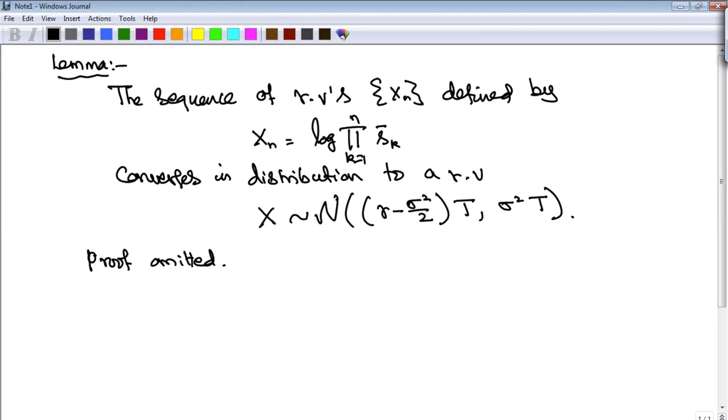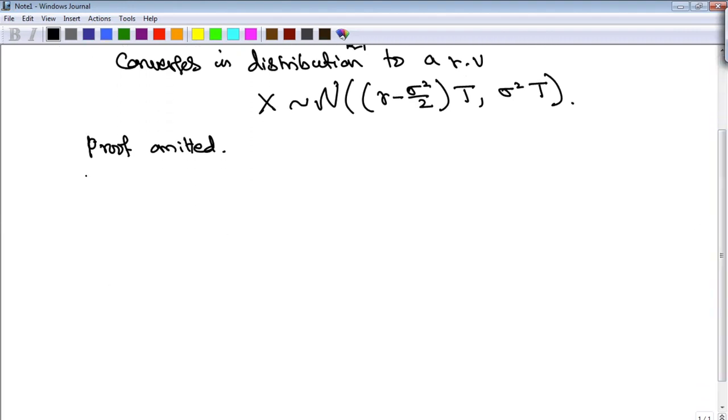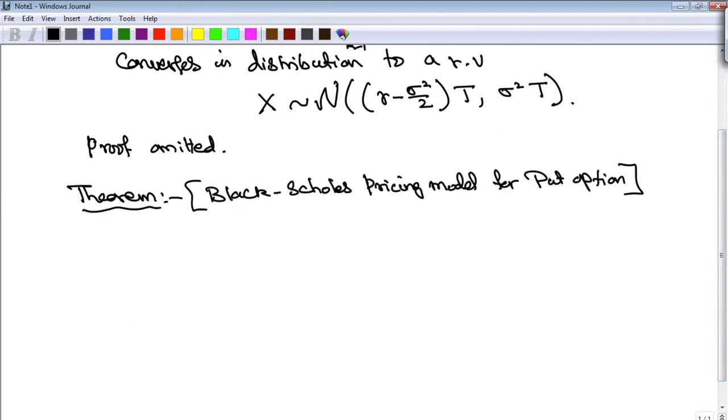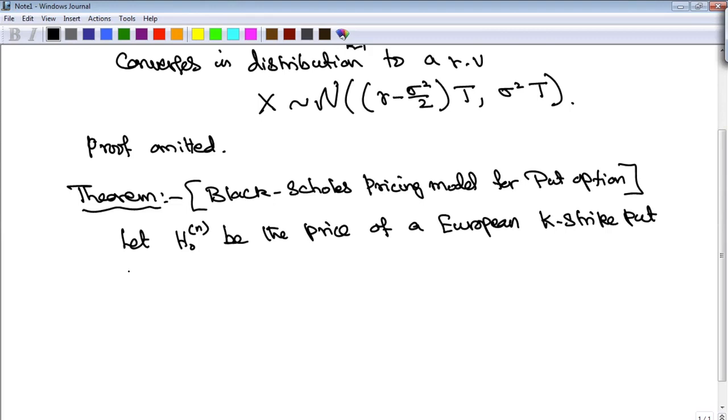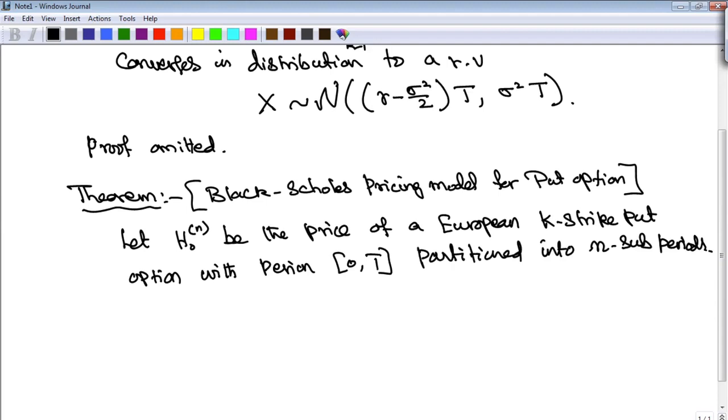Using the above two properties, we can now state the Black-Scholes price model for a put option. We will state it in the form of a theorem. Remember, the pricing model that we are going to state is for a put option. The statement says: let H naught n be the price of the European K-strike put option with period 0 to capital T partitioned into n sub-periods.